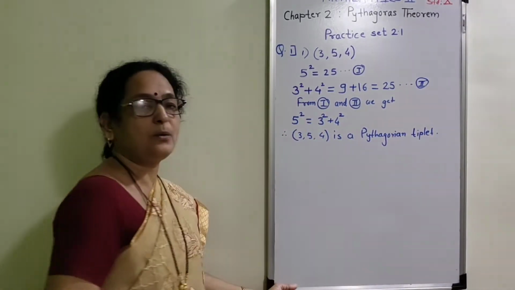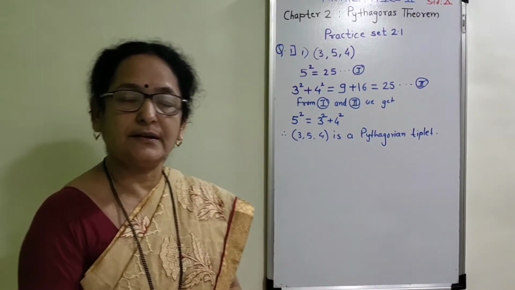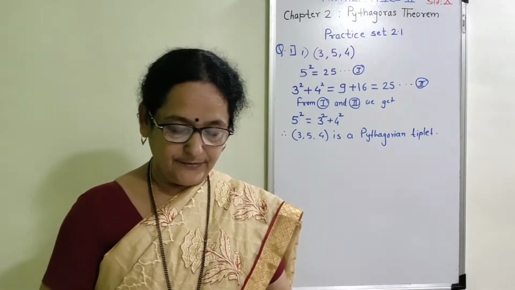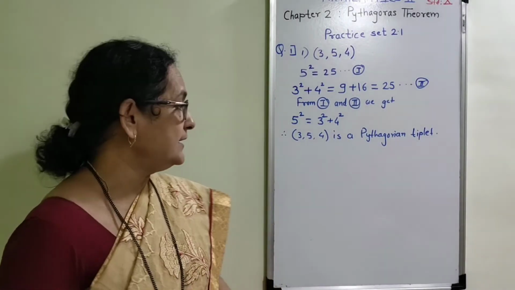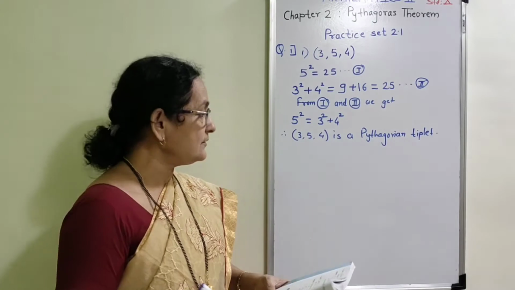Now here we have completed our first given triplet and we have determined that it is a Pythagorean triplet.